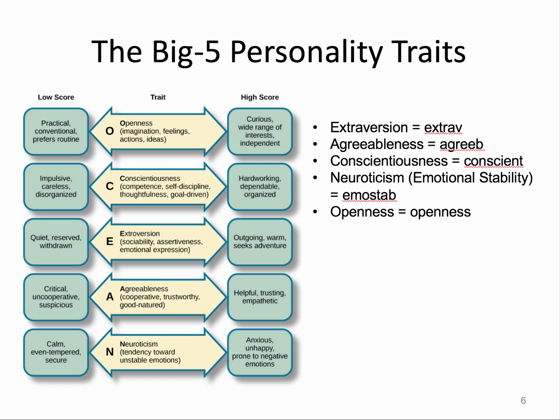Somebody who is high on openness to experience, some other ways of describing that would be imaginative, feeling oriented, ideas oriented. A person who is high on openness to experience would be curious and have a wide range of interests and often be an independent thinker. Whereas somebody who's low on openness to experience would be practical, conventional, would prefer routine.